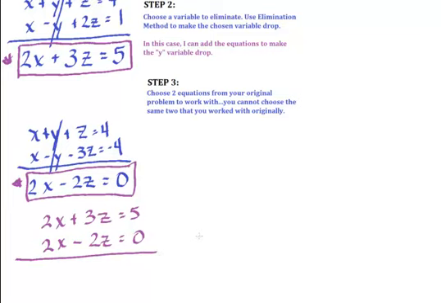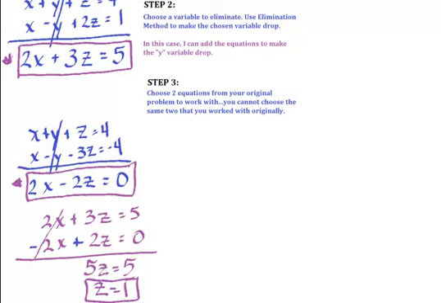I can't add them like this and make a variable disappear, but if I multiply this one through by -1, those signs change, and my x's drop, and I'm left with 5z equals 5. Well, that's pretty convenient. If I divide both sides by 5, I'll see that z equals 1. All right, I'm a third of the way there because I now have that z is 1.